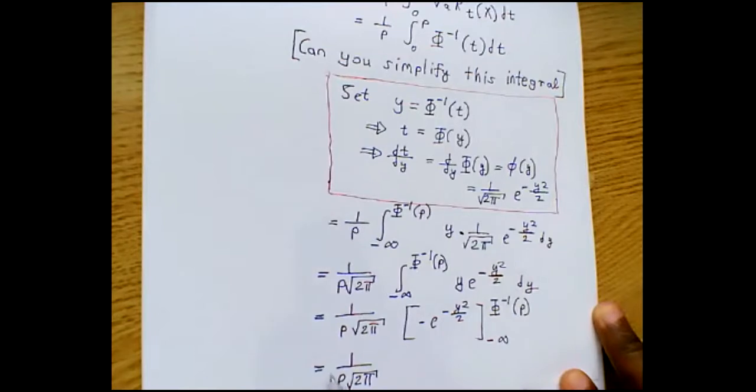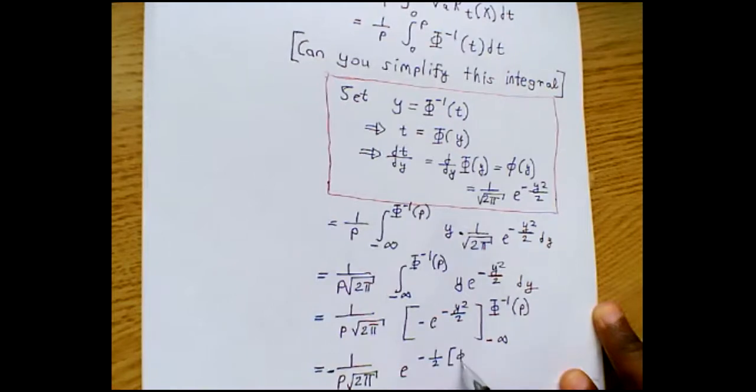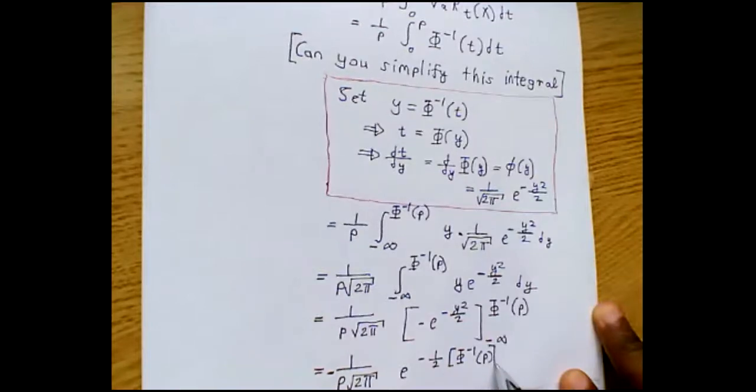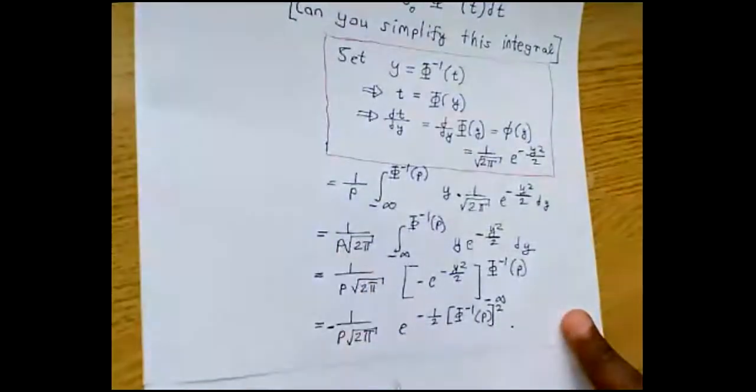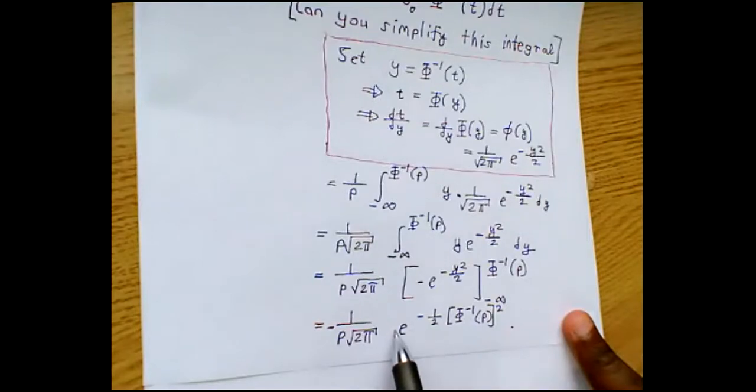So you got minus e to the minus half. Now it looks complicated, but it is not. So this is the final answer. I hope you can see this. So this is the final expression for the expected shortfall of the standard normal distribution.